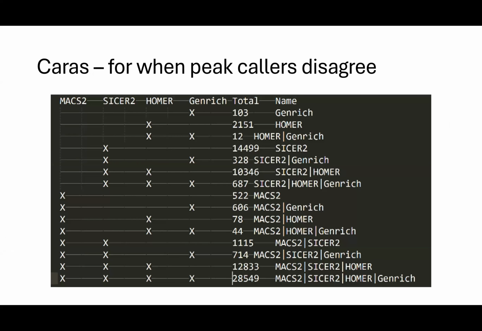I won't talk about Keras that much. The link is there. The main strength of this method is that since different peak callers give different results, they made a method that runs different peak callers. It gives you an output showing which peaks were found by which ones, and in particular they focus on which peaks were found in all four of the peak callers it uses.